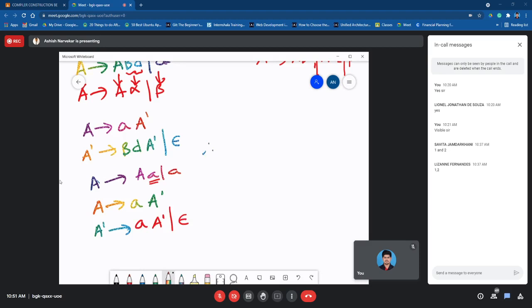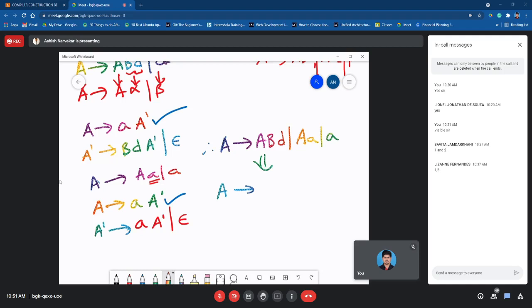So this is what we get. Therefore, for the production A derives A B D or A or A, we get these production rules. We can see that, I'll just put a tick mark with the blue. We can see that this and this is the same, so we need not repeat it, or make it redundant.